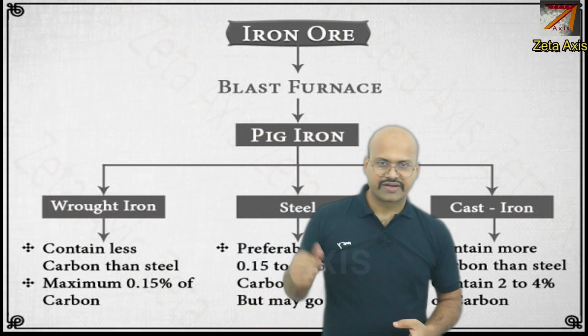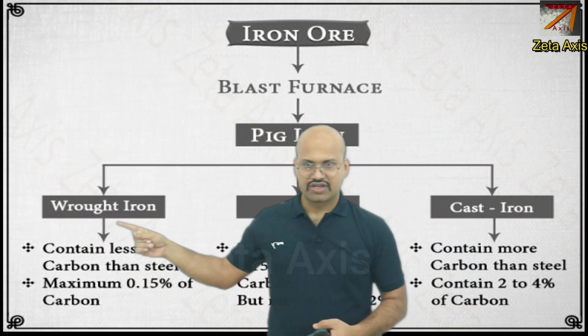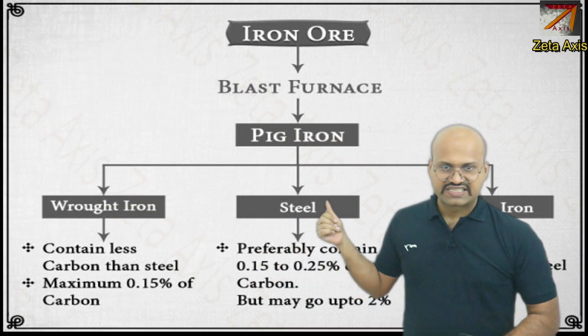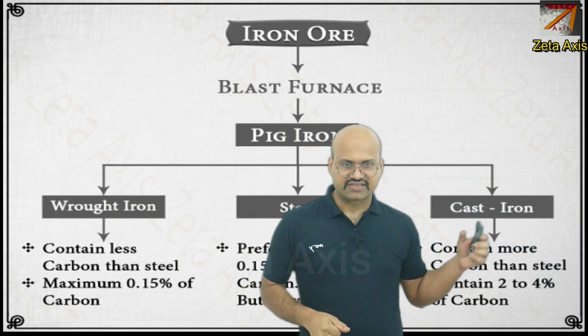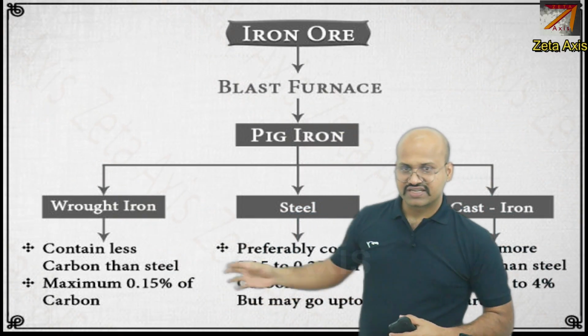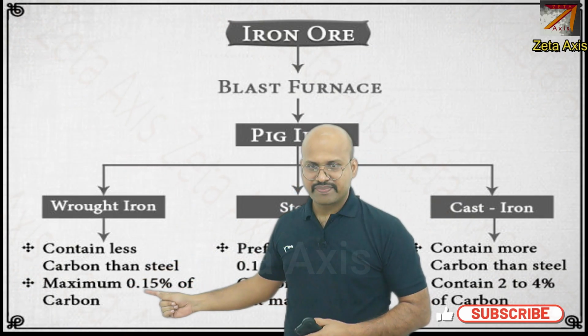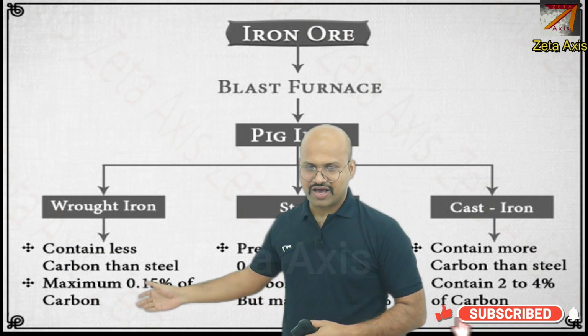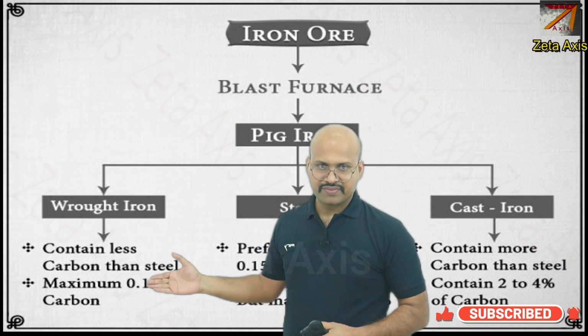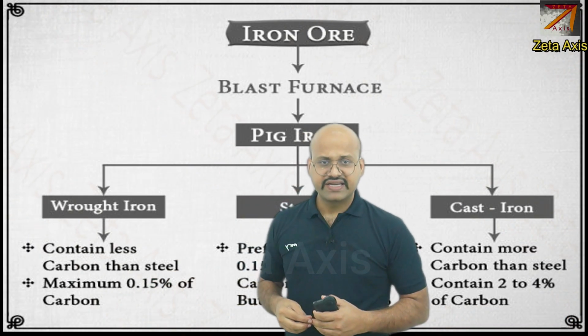Here we can see that pig iron is used for making wrought iron, steel or cast iron. And these are the differences. Wrought iron contains less carbon than steel. It has a maximum of 0.15% carbon. This is achieved by taking the pig iron and heating it in the furnace.